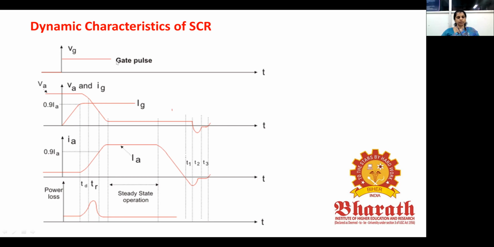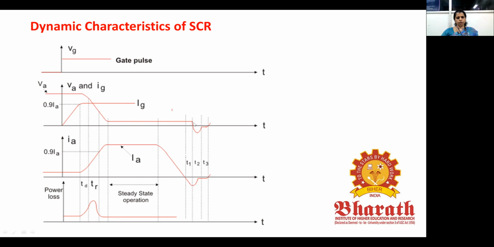Once it conducts, the voltage across the anode cathode will gradually decrease. It is initially maximum; when it is off, the voltage across the device will be high. When the gate pulse is given and the switch is on, it will try to reach zero, isn't it? So the voltage will gradually reduce, but of course you will have a very small voltage drop.